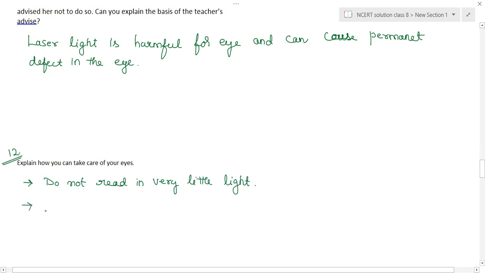It is because your eyes should not get strained. And yes, the mobile game concept is also correct. You should not be playing for a very long time. Do not rub your eyes with dirty hands.